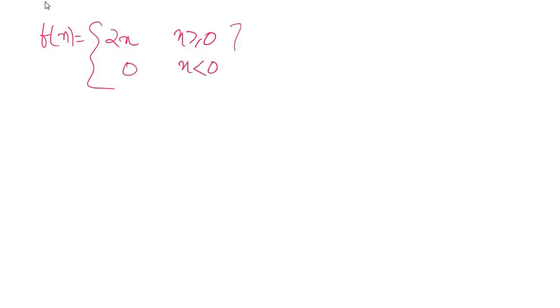Coming to further solutions, we can also write f of x in the following way. The value of f of x is equal to 2x if the value of x is greater than or equal to 0 and 0 if it is less than 0.